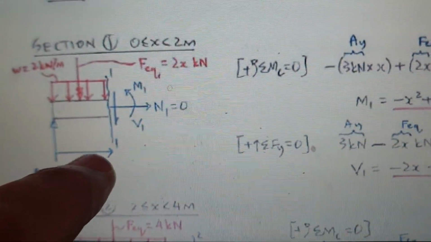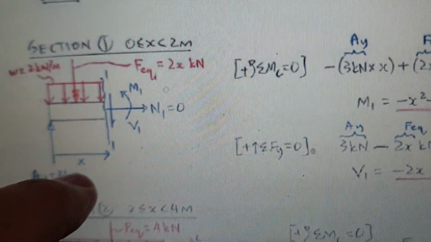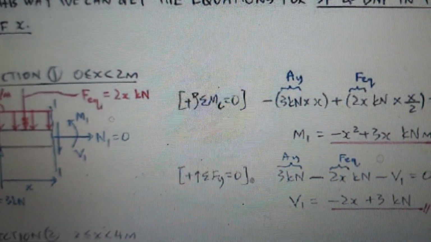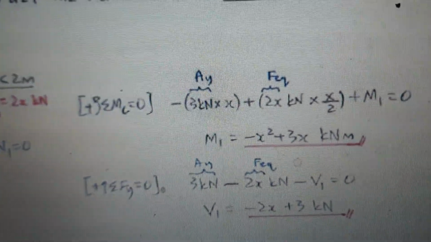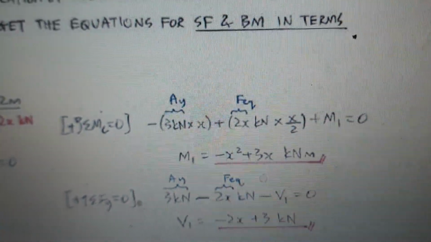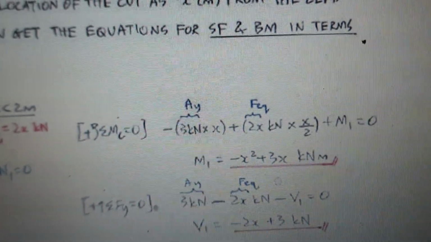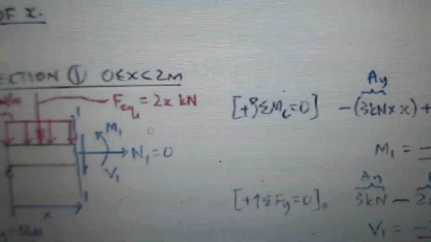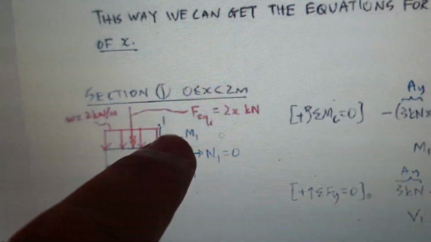Now if you take moment at point C, where is point C? It is minus 3 times x, moment at this point to find moment 1.